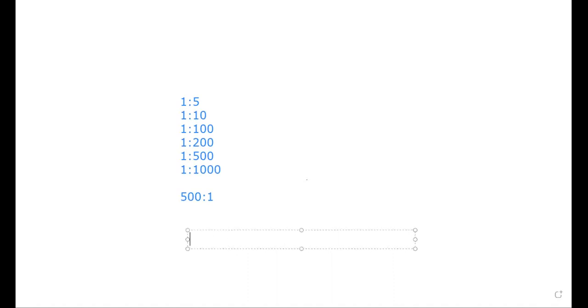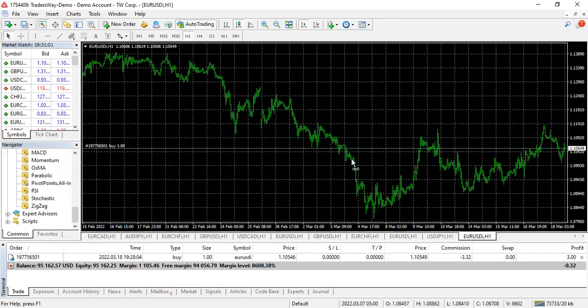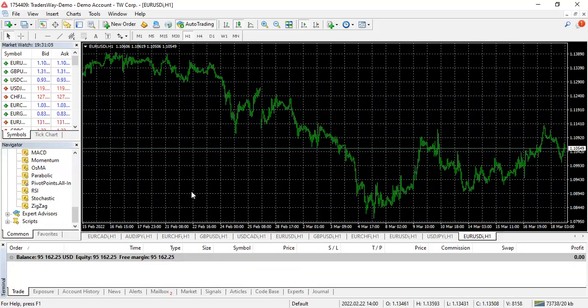Let's calculate this together. Let me show you my MT4. Let's assume I'm using EUR/USD to take our trade, and currently I want to go long, I want to buy. The market is currently at 1.10558.